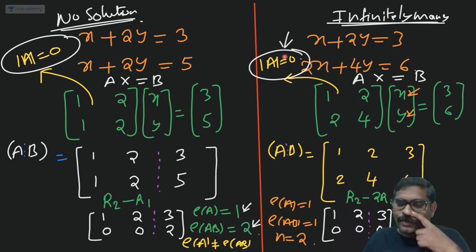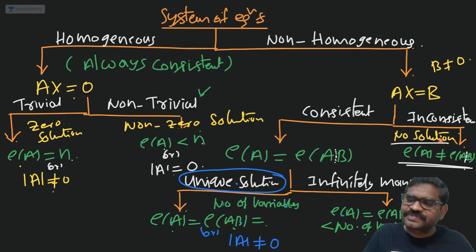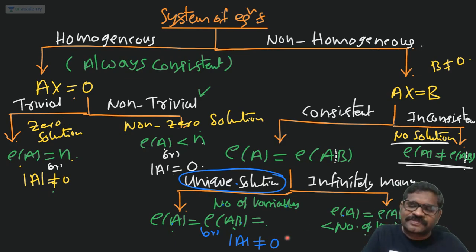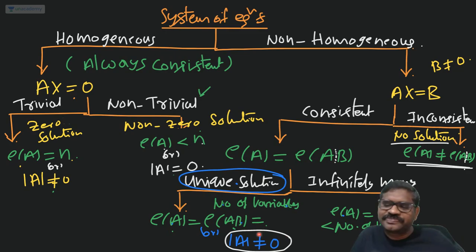Okay. Now, observe. But in the case of unique solution, clearly you can check whether determinant is non-zero or not. If determinant is non-zero, unique solution. If you have a unique solution, determinant is non-zero. If the system of equations possesses a unique solution, then determinant of A is non-zero.